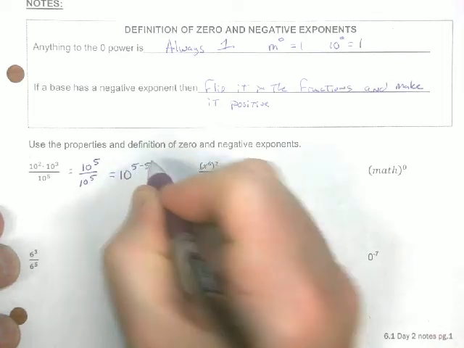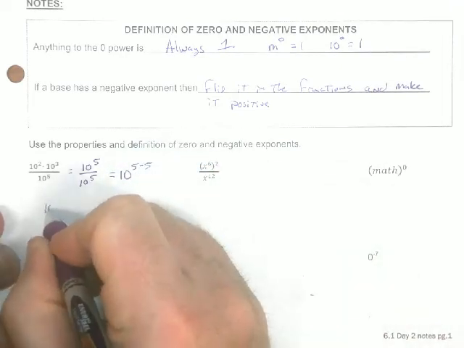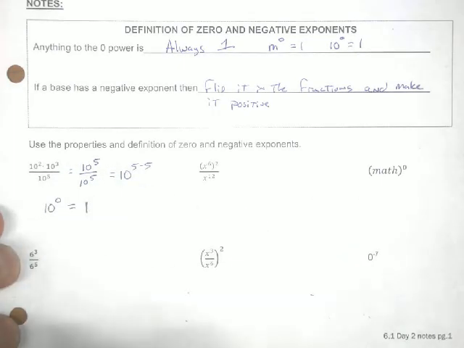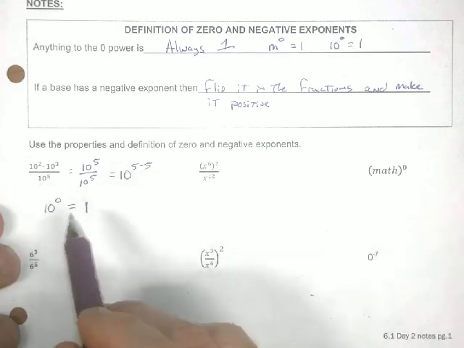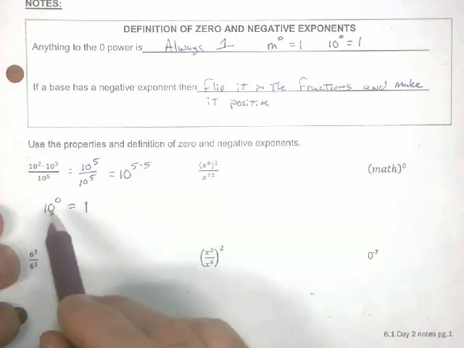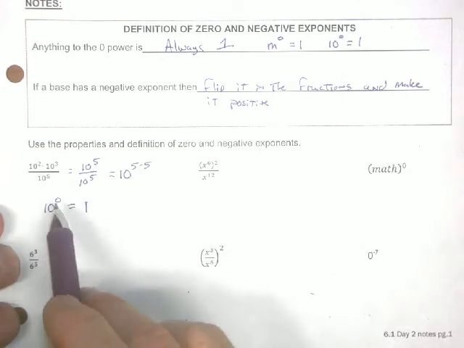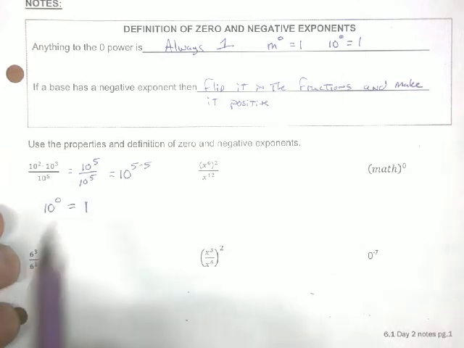So that's going to be 10 to the 5th minus 5, which gives us 10 to the 0, and 10 to the 0 is an answer of 1. Sometimes they won't clean up to a power of 0, like yesterday, but sometimes they will, and when they do, that answer has to be 1.